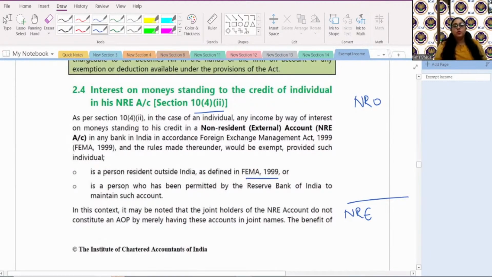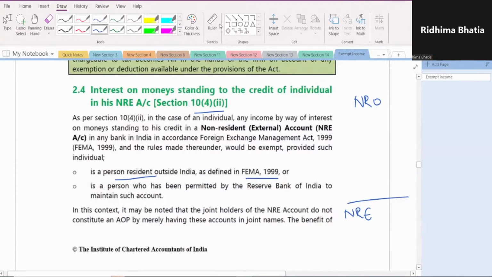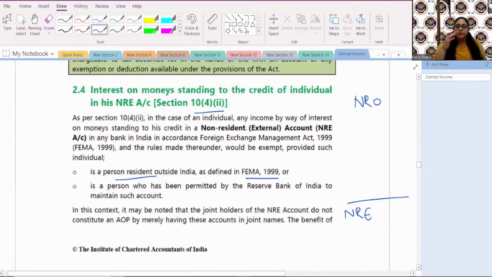According to it, you are a person resident outside India or a person resident in India as per FEMA, not as per the Income Tax Act. I'm talking as per FEMA. So if as per FEMA you are a person who is resident outside India and you're permitted to open the account, there are two types of account, NRO and NRE.